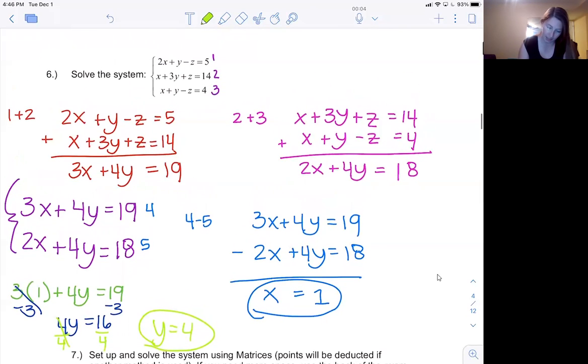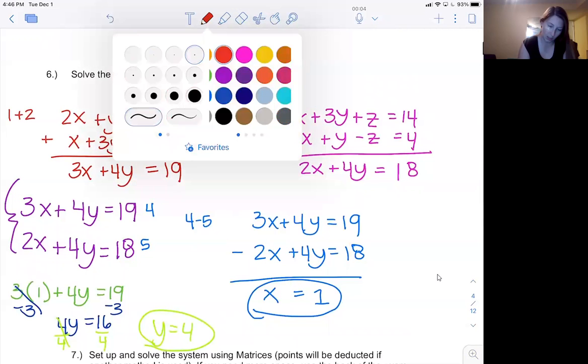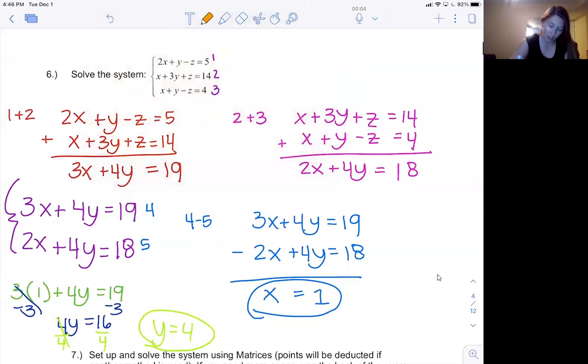Now I need to find my z. So I'm going to choose one of these equations and find my z. I'm going to use this bottom one, the third equation, just because it looks easier. You can do whatever though. So my x is 1 plus my y, which is 4, minus z equals 4. So I have 5 minus z equals 4.